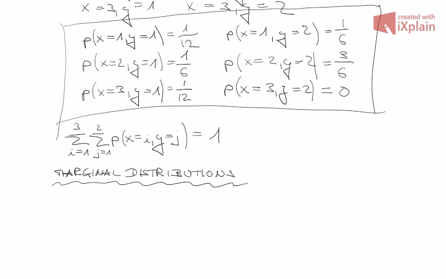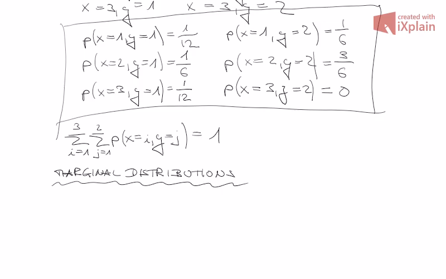So here we have a joint distribution with a random variable x and a random variable y, and now we are interested in only the distribution over x. So basically we ignore the fact that x can be 1 while y is 1, and x can be 1 while y is 2, and we are just interested in the case that x equals 1.